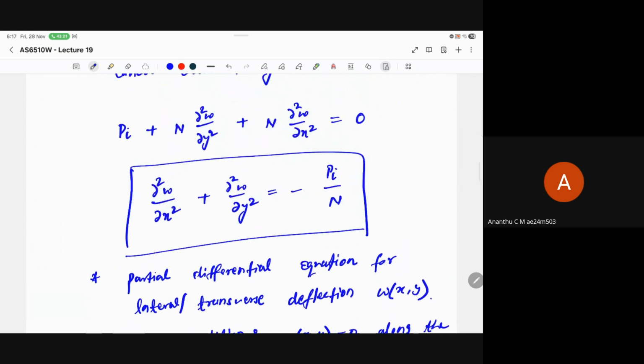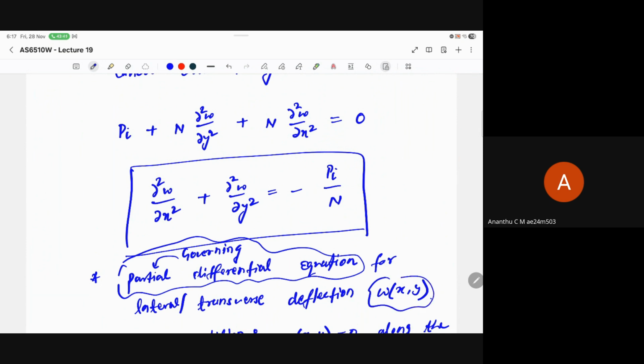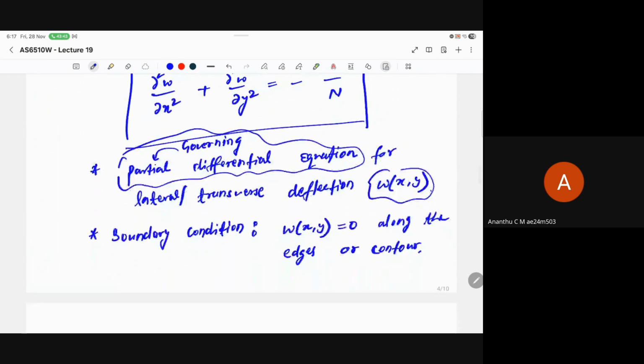Okay, so we have got the governing partial differential equation for the transverse deflection of the membrane.